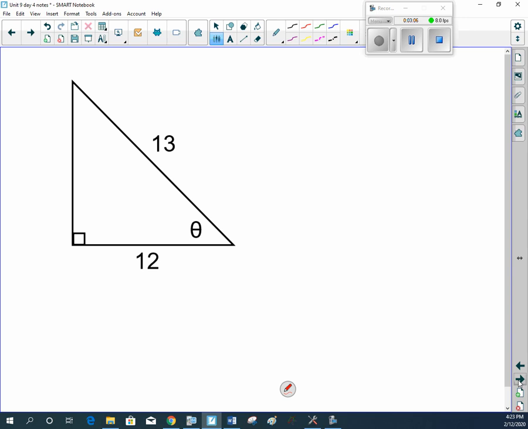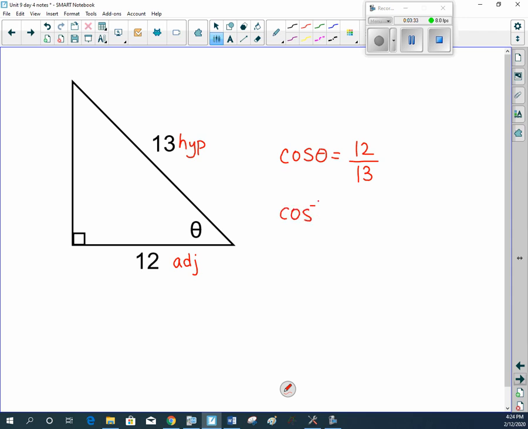And in this triangle, theta is down here in the lower right-hand corner. So if I'm at the lower right-hand corner, this is considered the adjacent side. This is considered the hypotenuse. The trig function that uses adjacent and hypotenuse is cosine. So I would write cosine theta equals adjacent over hypotenuse. And since I want to find out what theta is, I use the inverse button.